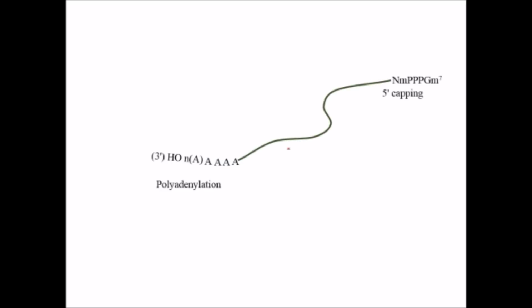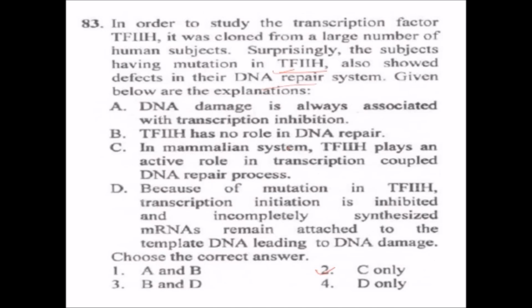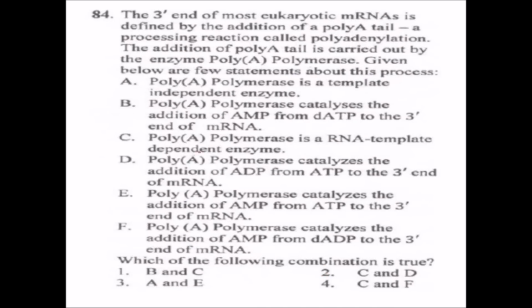So as per this, moving back to the question, the answer will be: poly-A polymerase is a template independent enzyme. Yes, it is a template independent enzyme, because we don't use any template as a reference where poly-A addition is to take place. Here there was a marker of AAUAAA toward the 5' side and a sequence on the 3' side. So it is recognized with the help of a marker sequence, not with the help of any template. So the statement is true.